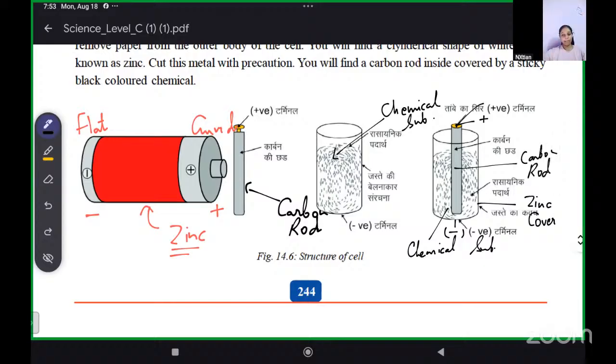Ma'am, did you know that in earlier days, like the 1800s, batteries were limited to very low voltage?